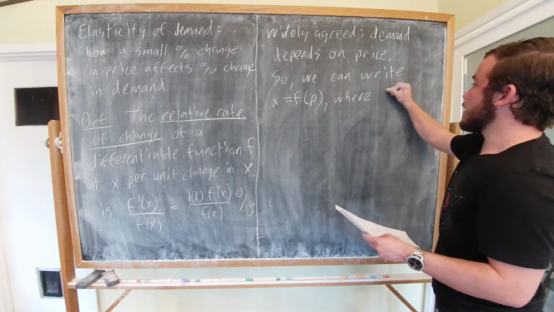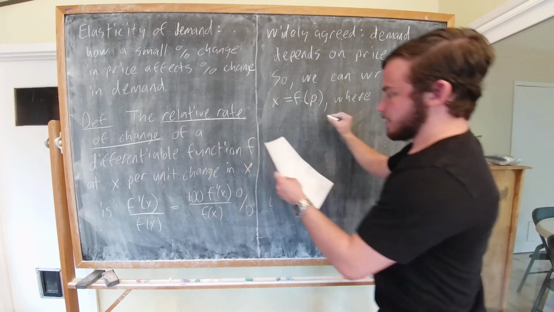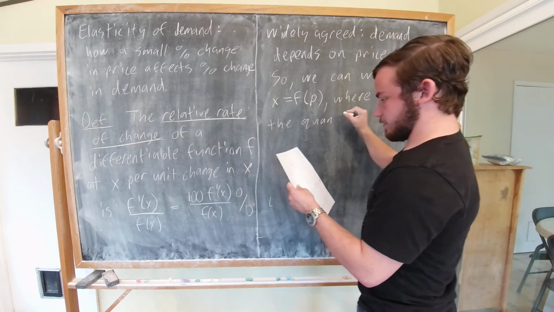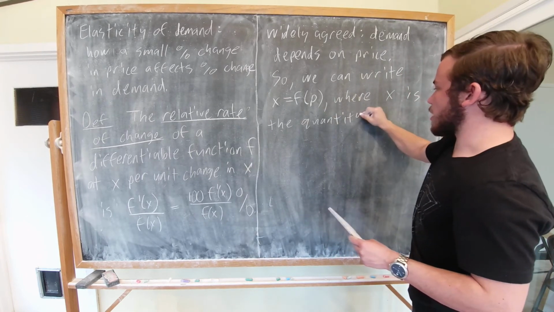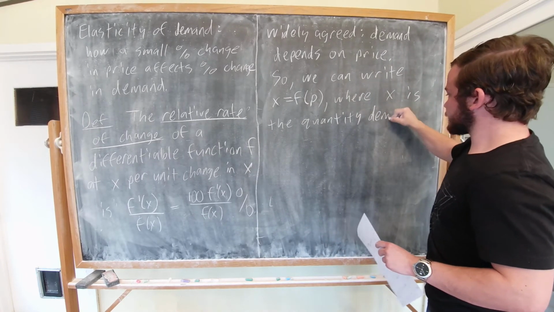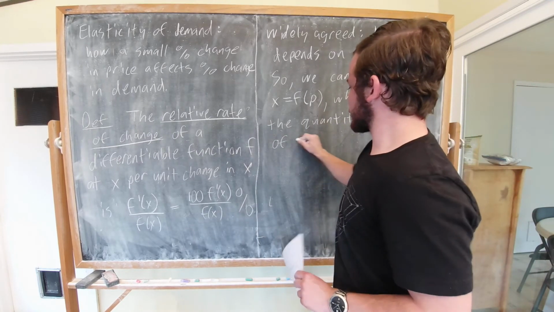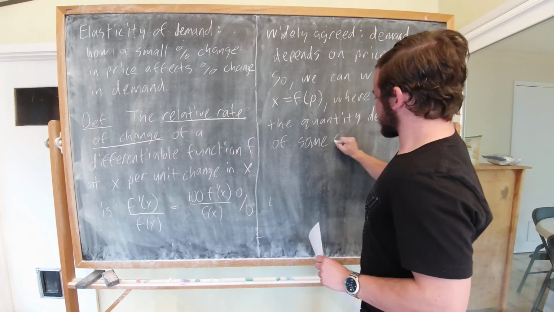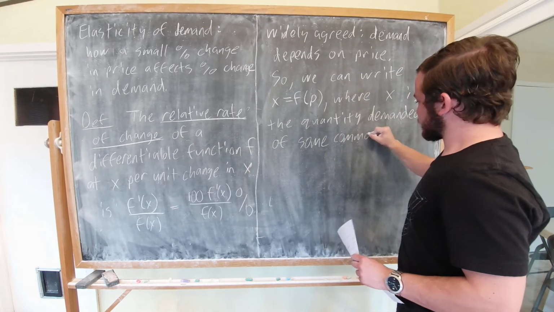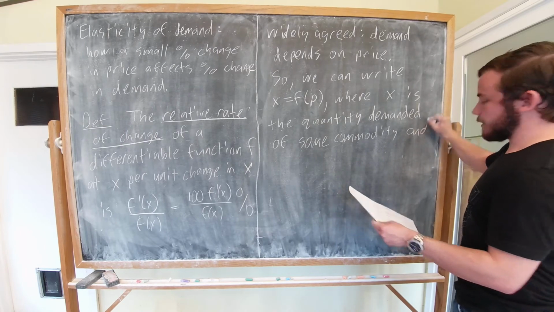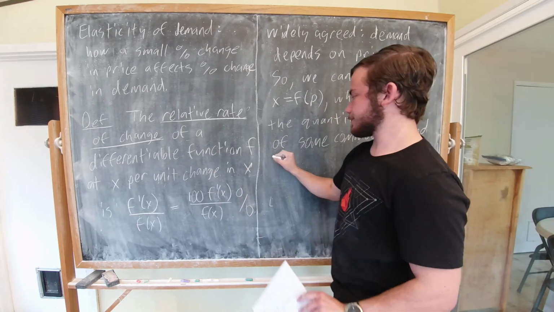Okay, so where x is the quantity demanded of some commodity, and p is the price of the quantity.